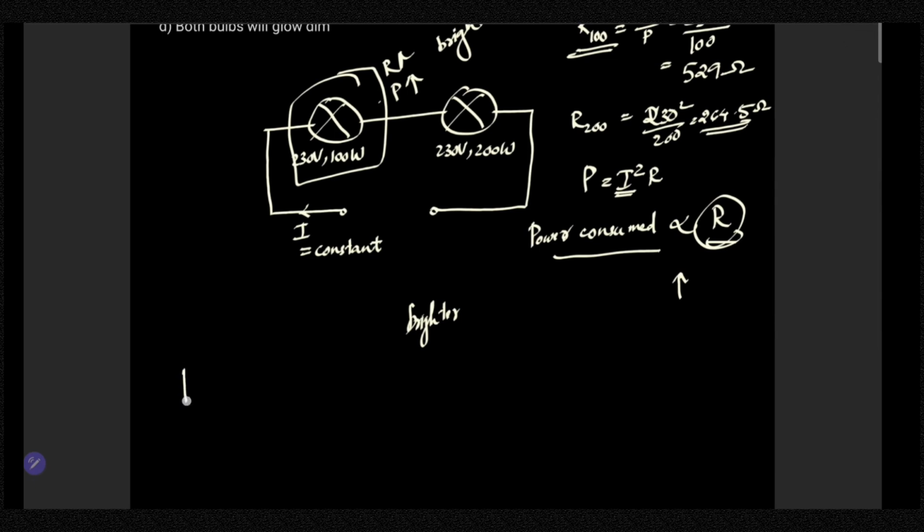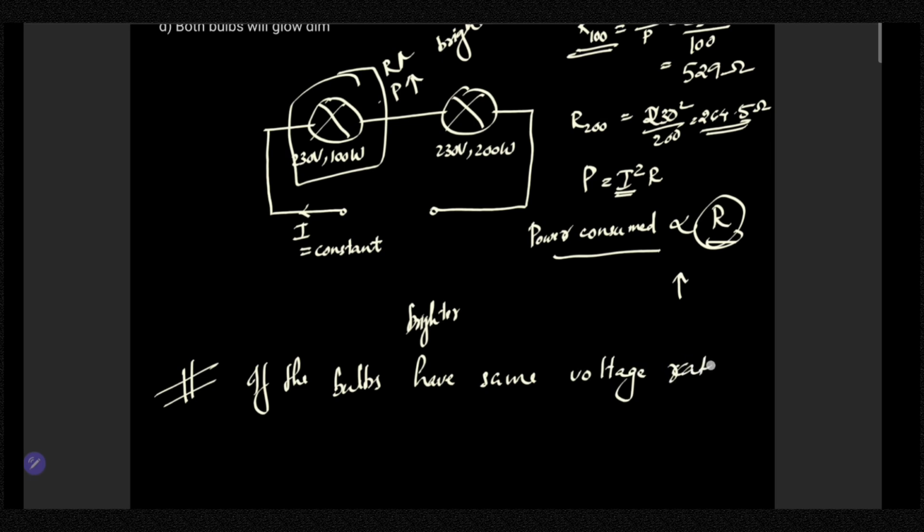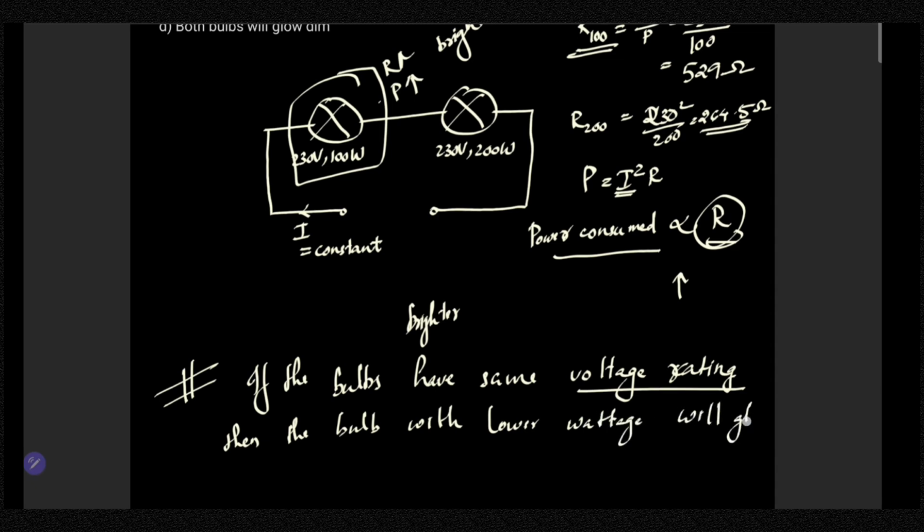And the condition here is, if the bulbs have the same voltage rating, so if we are given a question with bulbs having the same voltage rating, then the bulb with lower wattage will glow brighter. So what is the trick?